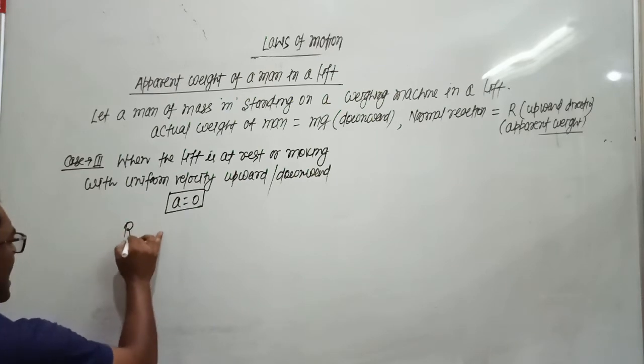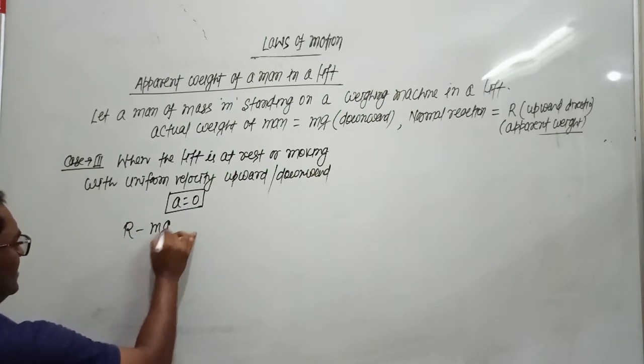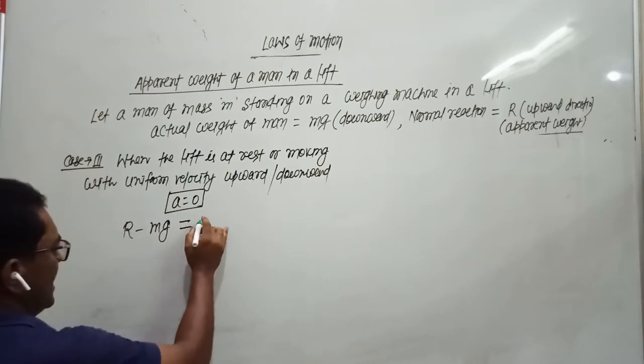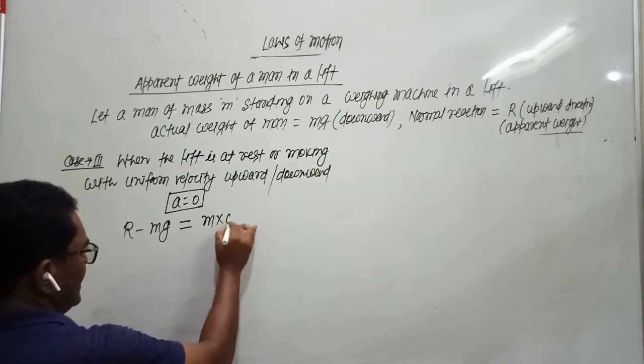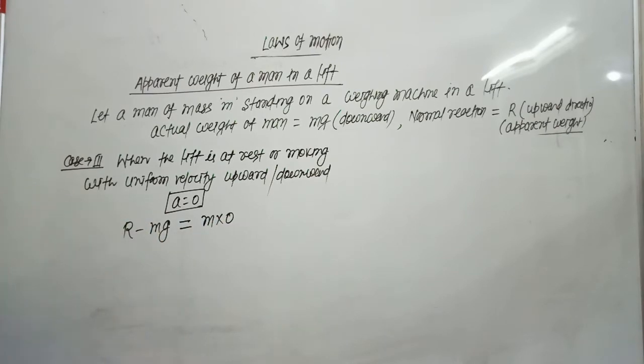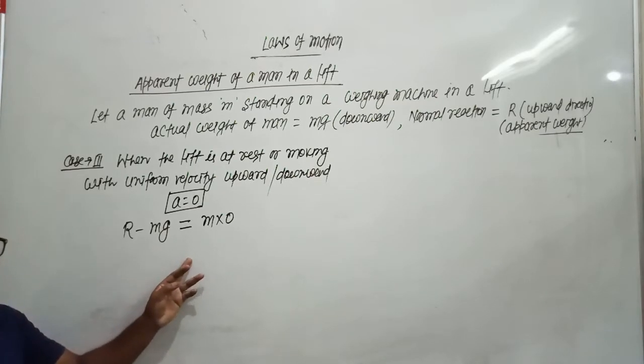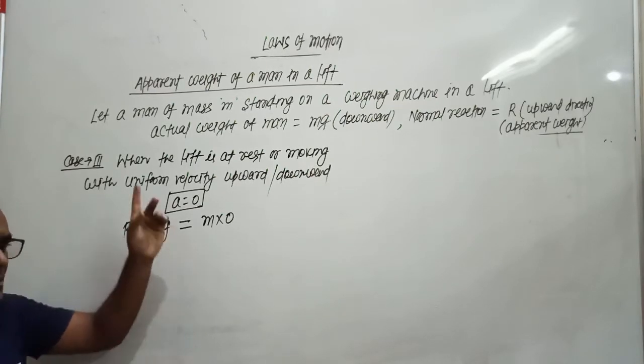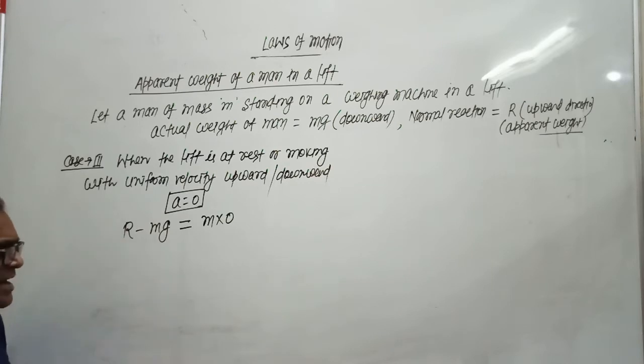And we know that R minus mg is equal to m into a, and a is 0, so it becomes 0. R minus mg equals 0: this is the case when the lift is going in the upward direction.